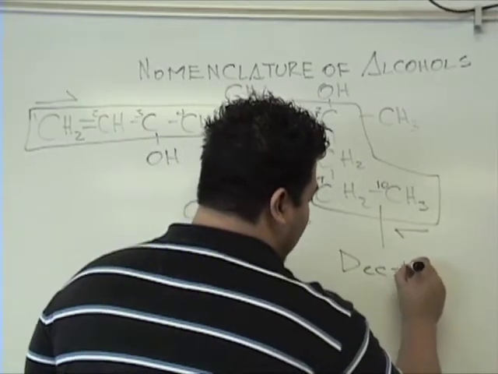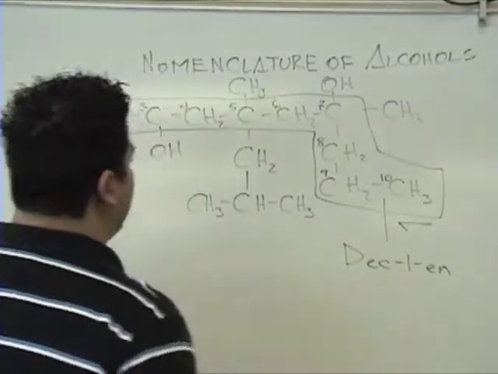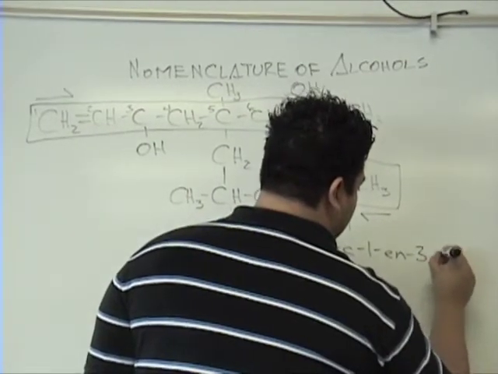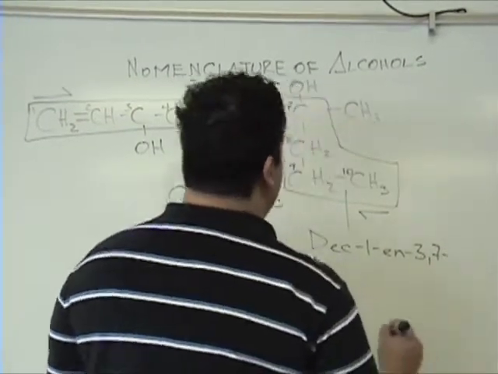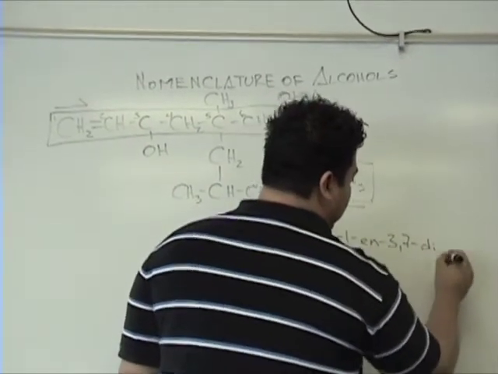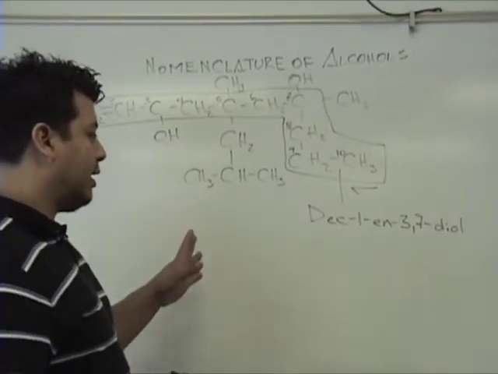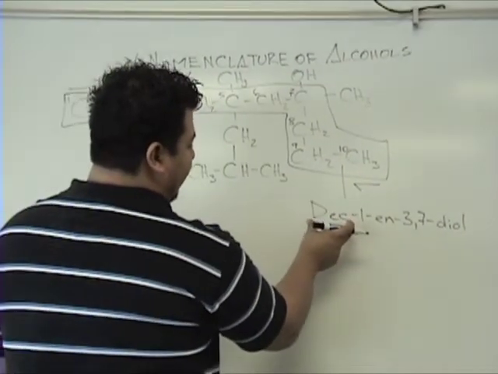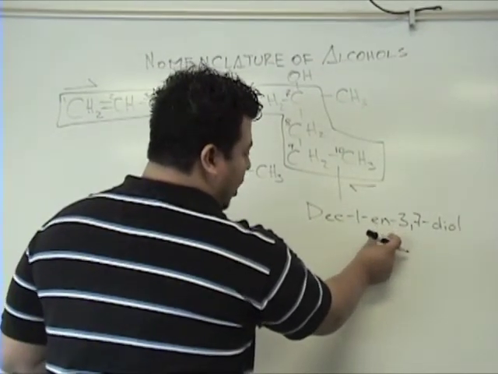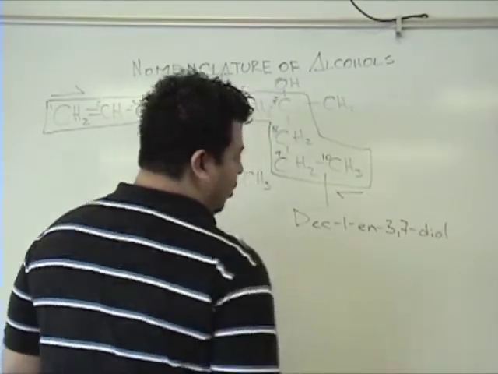So we say dec 1 en, that means in carbon 1 there is a double bond, and then in 3 and 7, we have 2 di alcohols. So it might look complicated, but if we pay attention, the only thing we're saying is we have a 10 carbon chain. In carbon number 1, we have a double bond. In carbon 3 and 7, there are 2 alcohol groups.